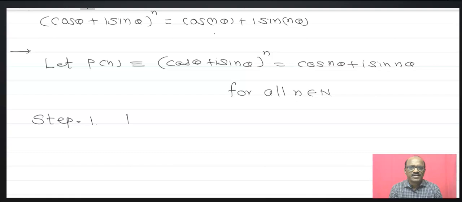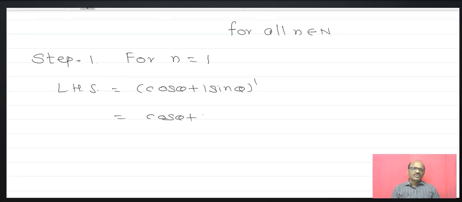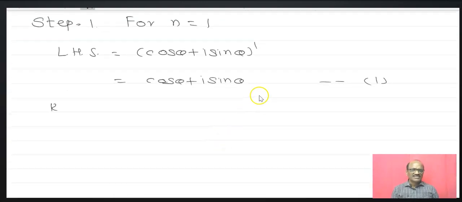This is the step 1. For n equals 1, this is the first step. That is, LHS is equal to (cos theta plus i sin theta) raised to 1, and this is for n equals 1 as it is. Therefore, RHS is equal to cos theta plus i sin theta.